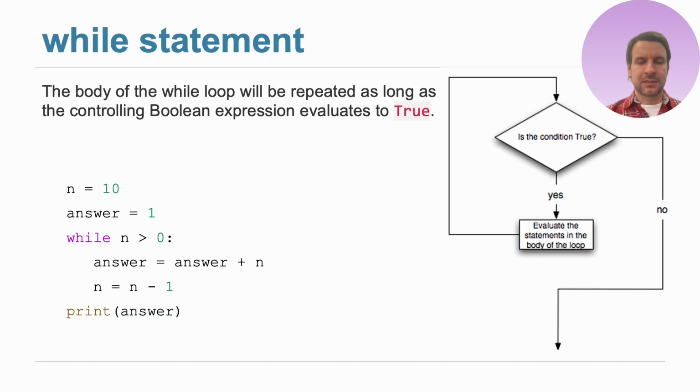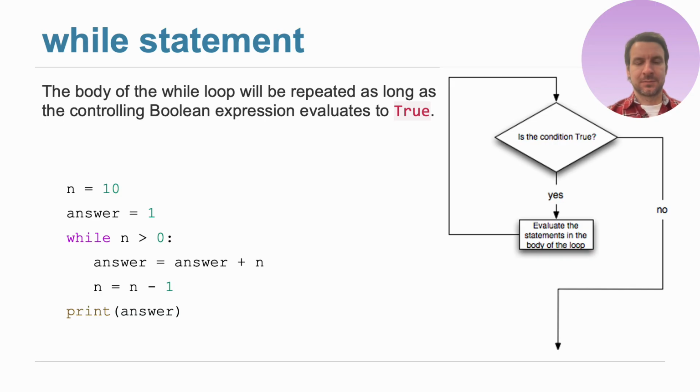As long as the condition is satisfied, the block of indented code executes, and then the condition is tested again. In this case, we start with n equals 10, answer equals 1. As long as n is bigger than 1, we keep doing two things. First, we add n to the answer, and we decrease n by 1. And then we keep doing this as long as n is bigger than 0.